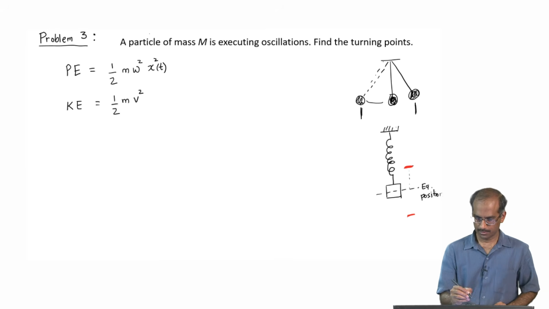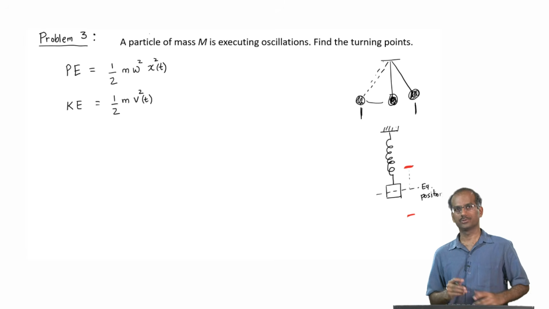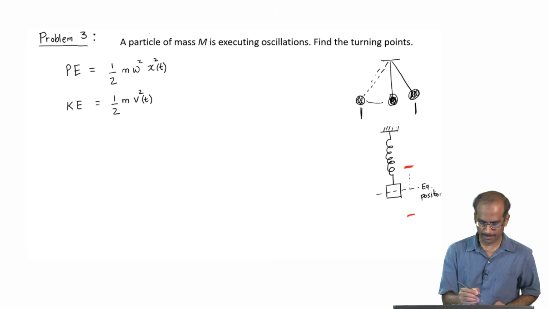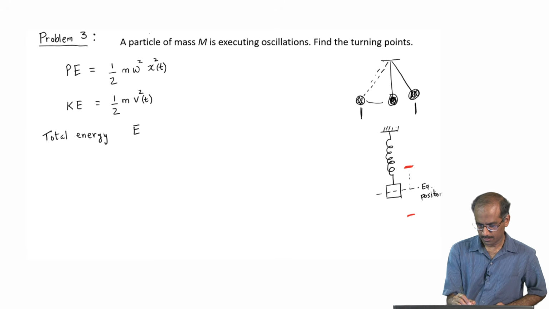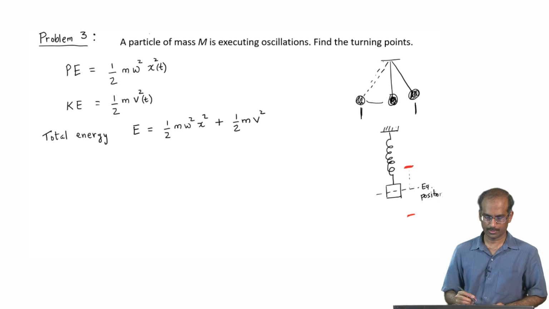Again, v is the velocity and velocity is also a function of time. So, in general both kinetic and potential energies are functions of time. So, the total energy E would be equal to half m omega square x square plus half m v square.